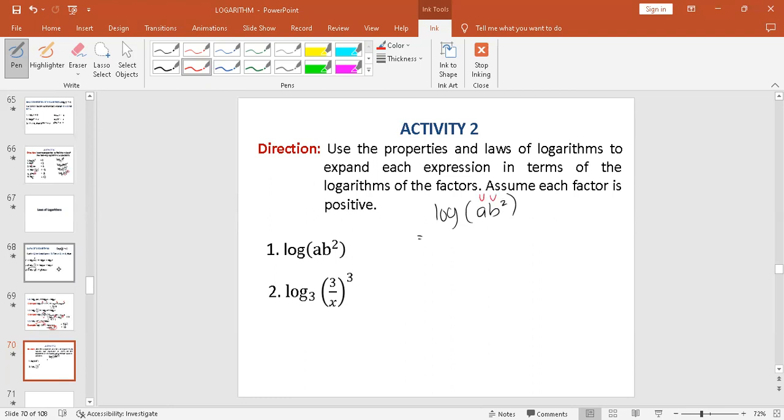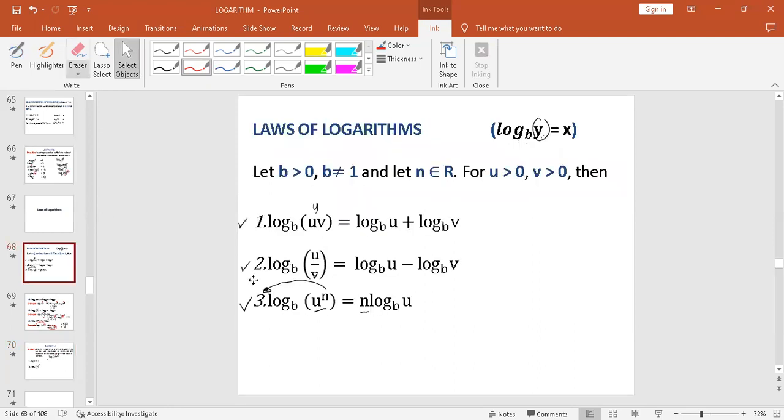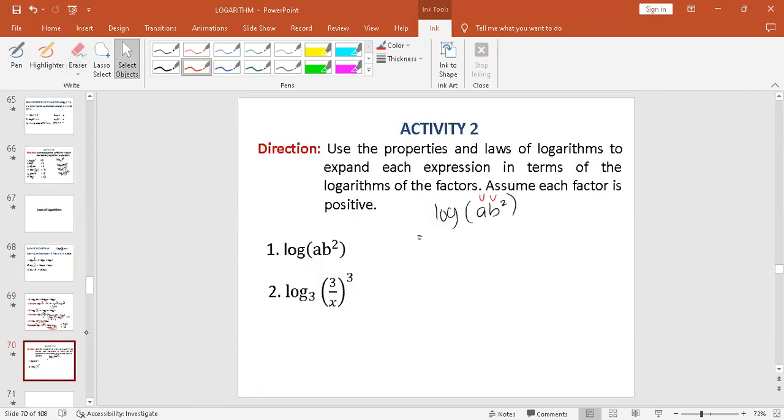So, saan kaya pasok itong form na to? Balikan natin si law. Saan kaya pasok yung given na yon? Sa first, second, or third law? Sa first law. Okay, kasi U and V are expressed as product.